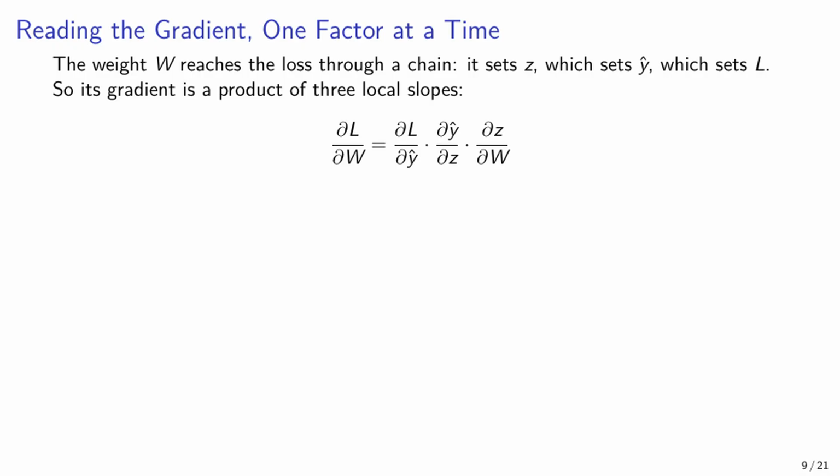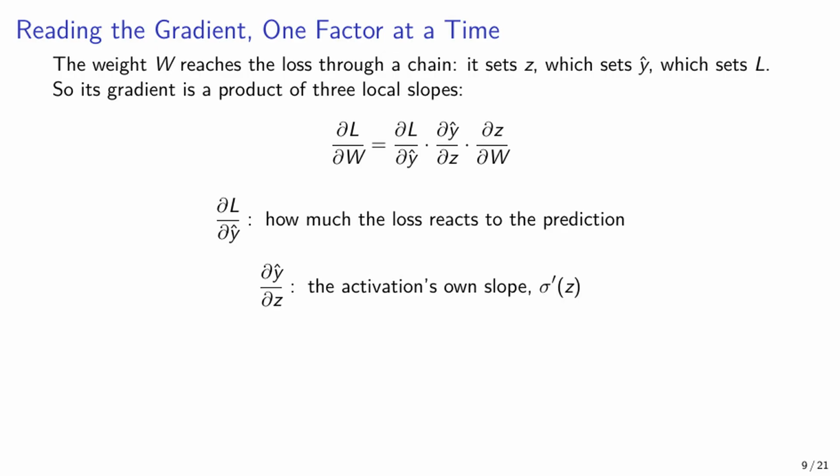The weight sets z, which sets y hat, which sets the loss, so it is a chain. Its gradient is the product of three local slopes. The first factor, the partial of the loss with respect to y hat, is how much the loss reacts to the prediction.